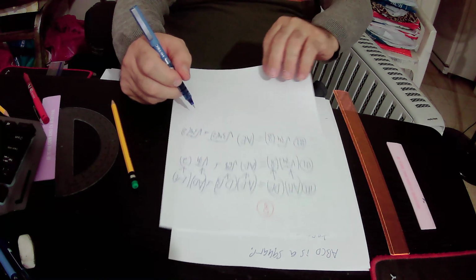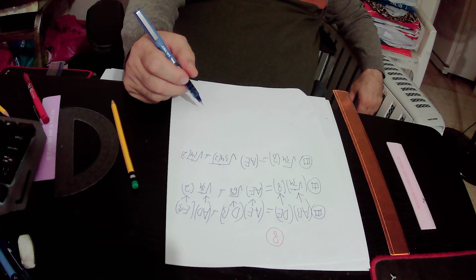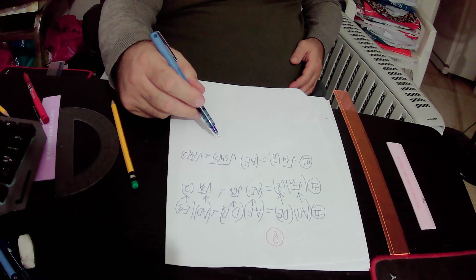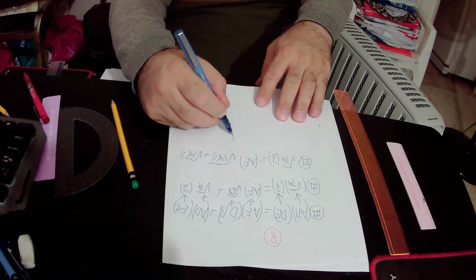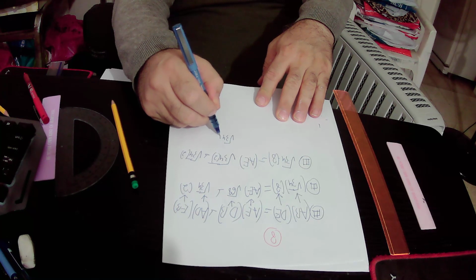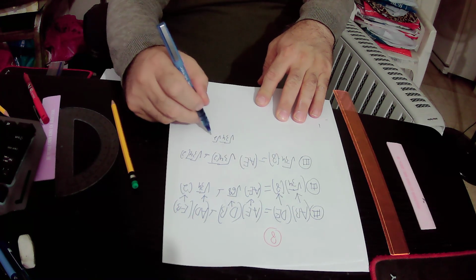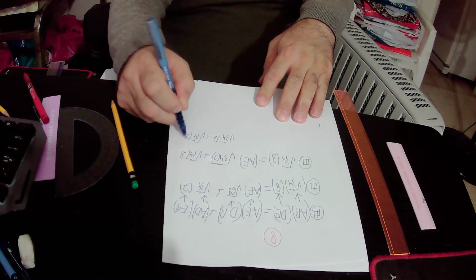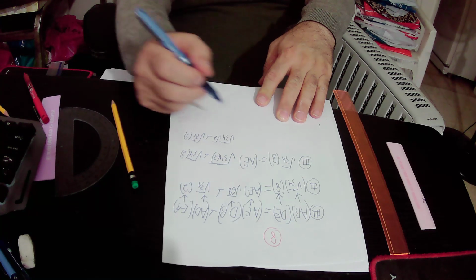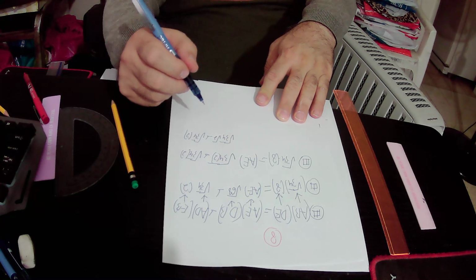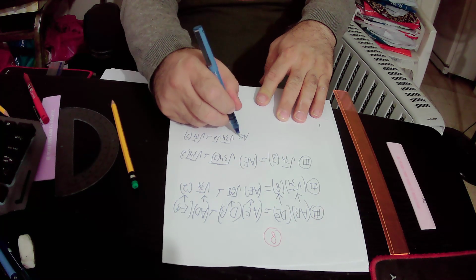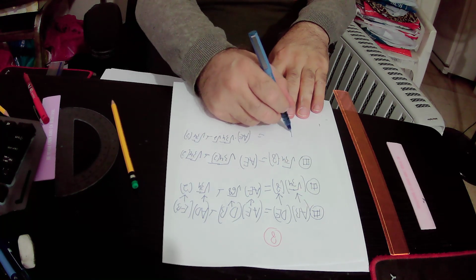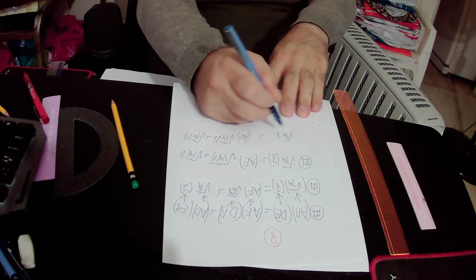According to the rule that the square root of A times B equals the square root of A times the square root of B, the square root of 34 times 2 equals the square root of 34 times the square root of 2.